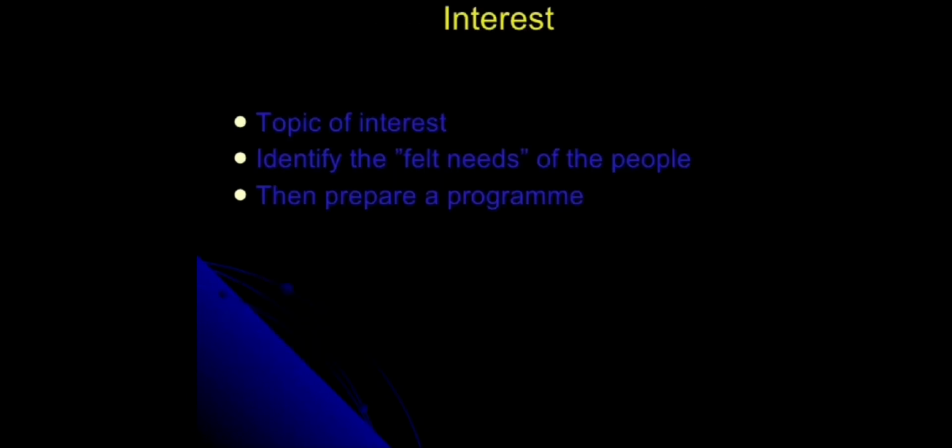Let's start with interest. How can you possess interest in the principles of health education? Of course, you will first know what the topic is, what the situation is, and what the process in the situation is. You will give attention to a certain process, and you will identify the felt needs of the people surrounding you in your community or society.